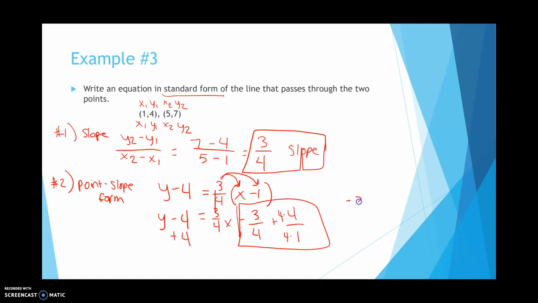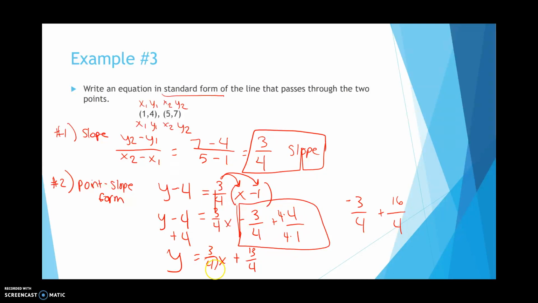So we think of this as -3/4 plus 16 over 4, which becomes 13 over 4. So it's y equals, sorry, I shouldn't have written that -4 because we already took care of that. So it's y equals 3/4 x plus 13 over 4.